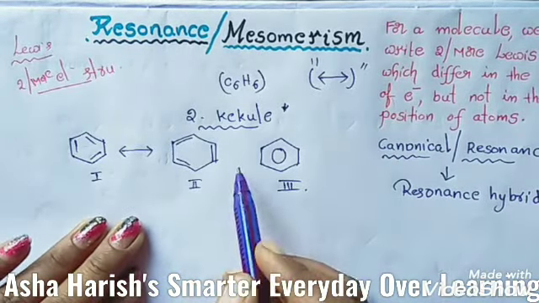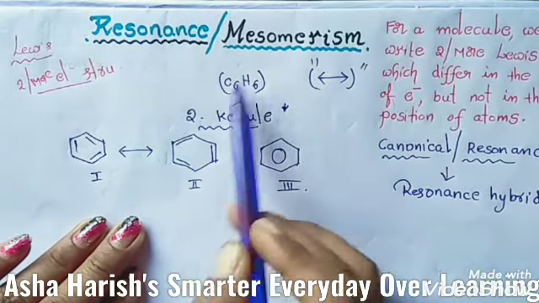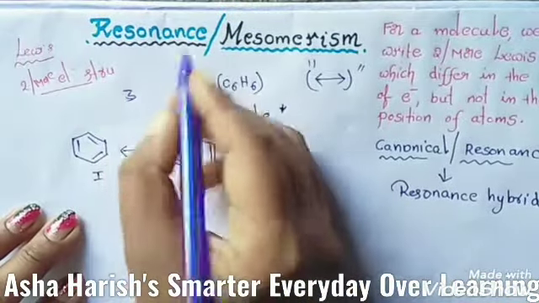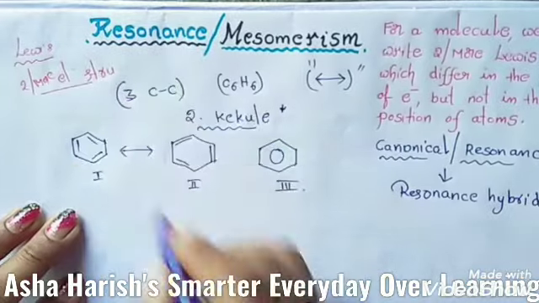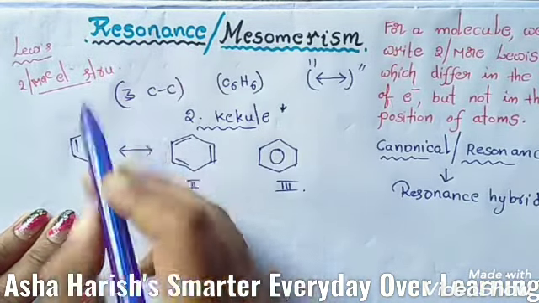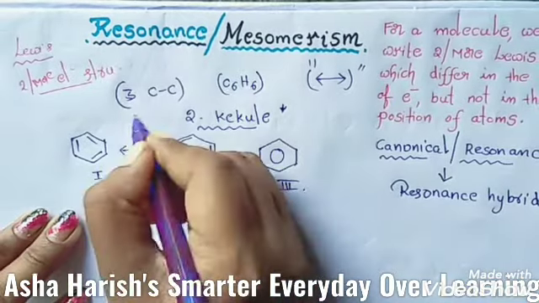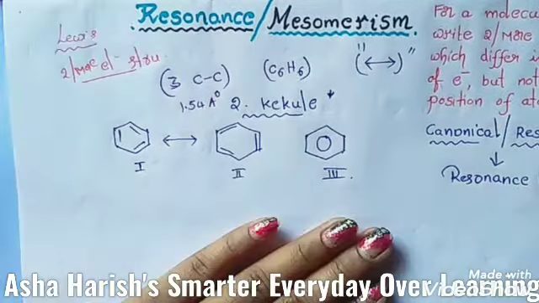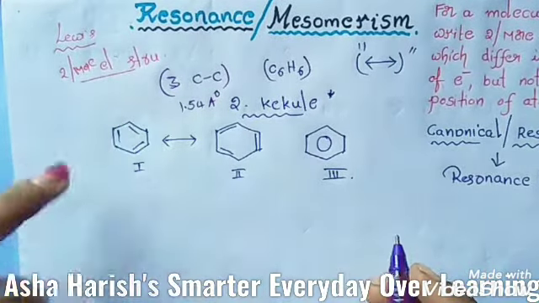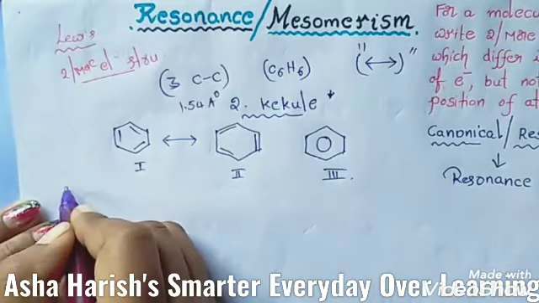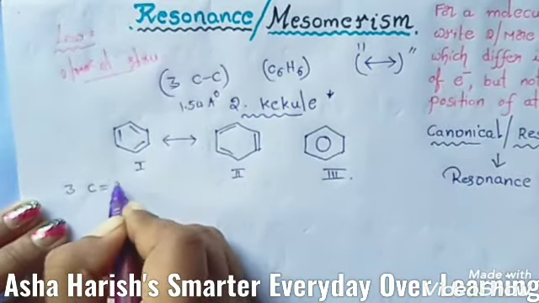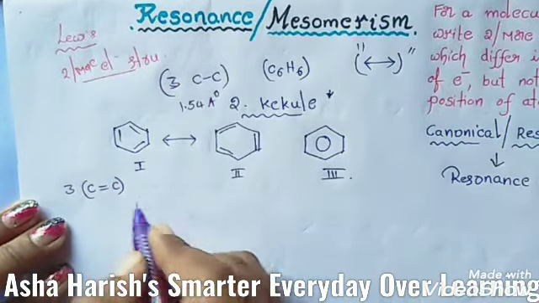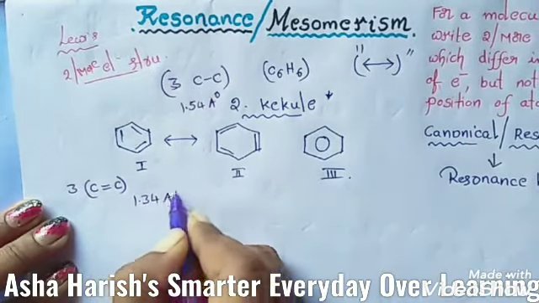According to these structures, a molecule of benzene should have 3 carbon-carbon single bonds, here you can see, of 1.54 angstroms length, and 3 carbon-carbon double bonds, here you can see 1, 2, 3, of 1.34 angstroms length.